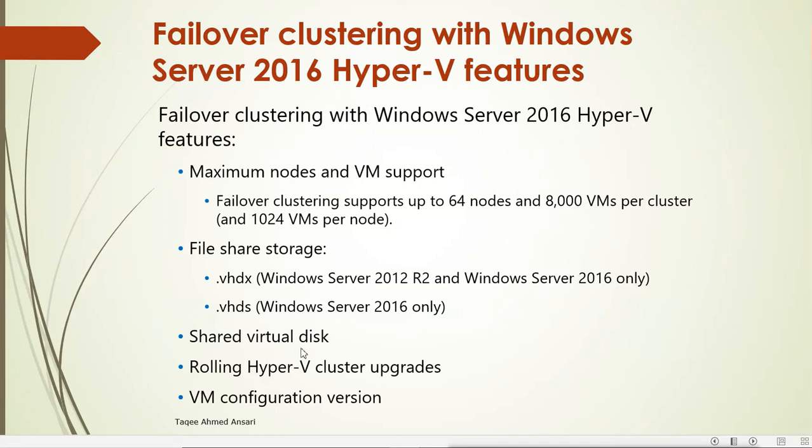In Server 2016, we can use a shared virtual disk as shared storage for the virtual machines in the cluster. If we are using virtual machines as cluster nodes, then for giving the virtual machines shared storage to configure the cluster, we can use a shared virtual disk.